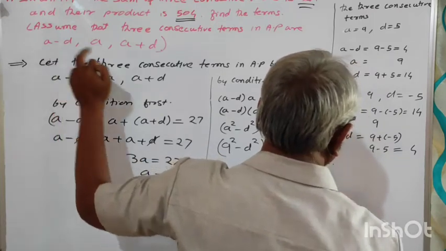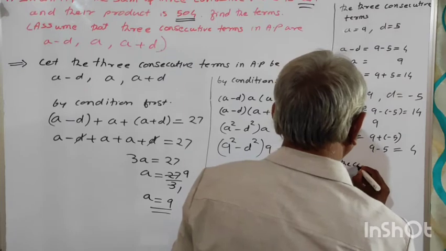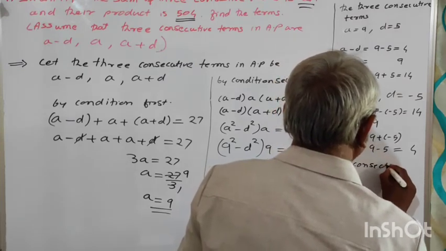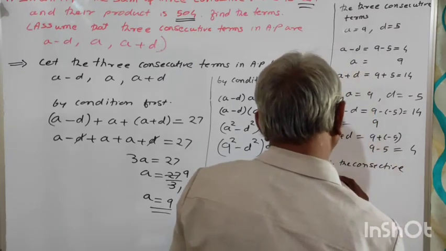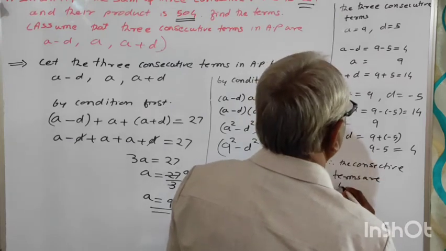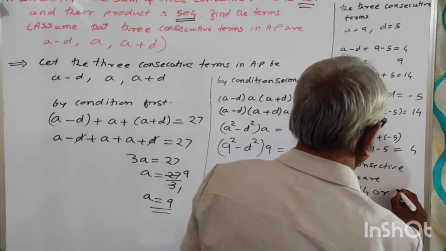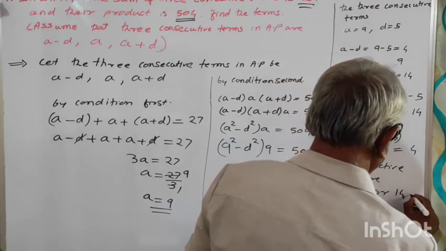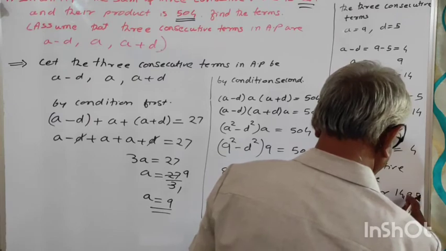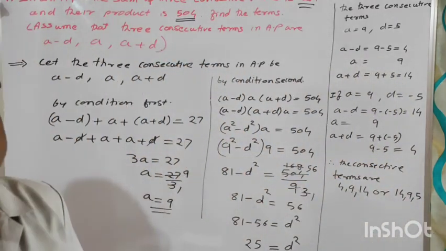That means the three consecutive terms are 4, 9, 14 or 14, 9, 4. So you can take the screenshot and write.